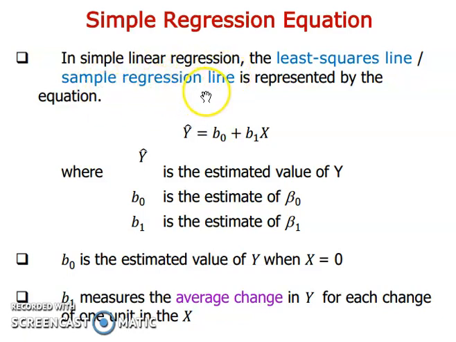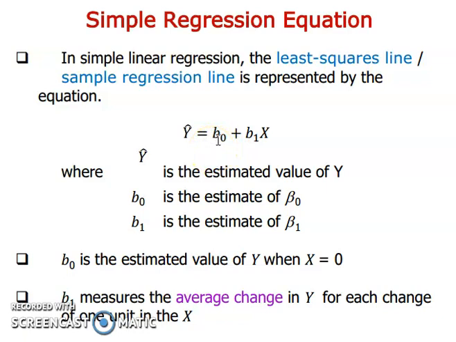This line is also a straight line, whereby the equation is y hat equals b naught plus b1 x. So b naught and b1 come from the sample data. Beta naught and beta 1 come from the population data.